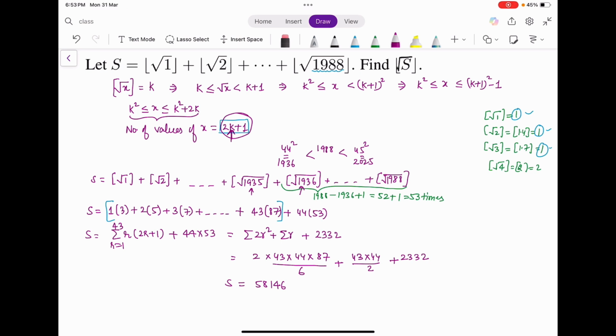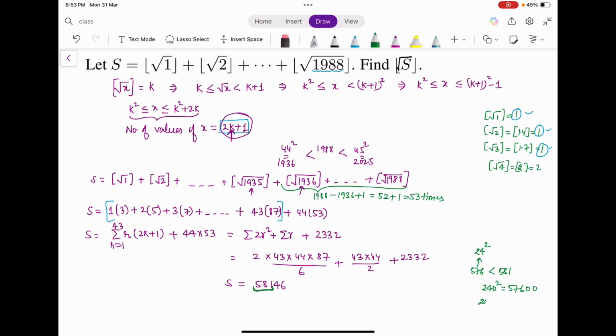But now the question is asking for the greatest integer of the square root of S. Okay. So if you focus on these three numbers, 581 is slightly greater than 576, and 576 is the square of 24. So 240 square, if I write, will be 57600. But the number is 58146 here.